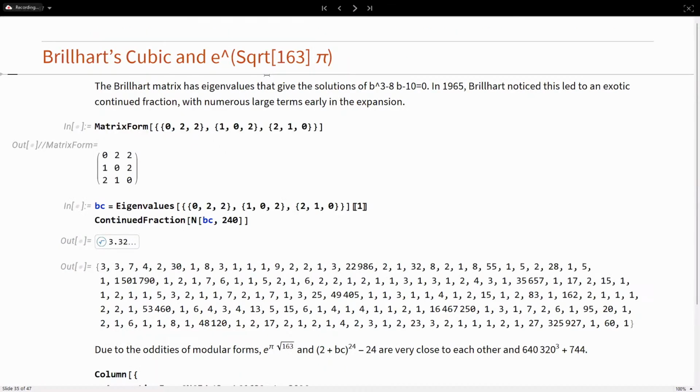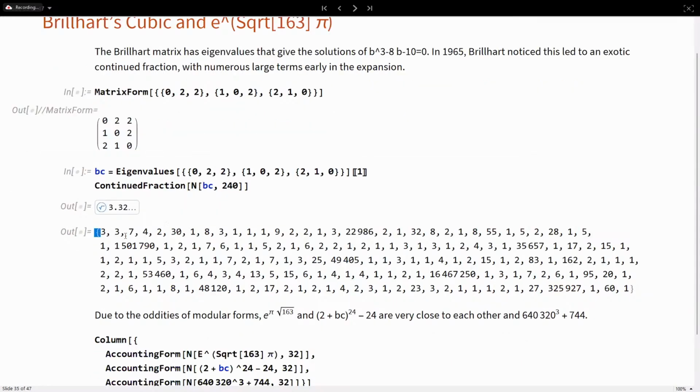So we can go to more unusual properties of matrices, such as the eigenvalues. So here's a simple looking matrix. However, Brillhart noticed when this matrix caused problems in a computer program, he noticed that the continued fraction had these large values in it, 16 million.